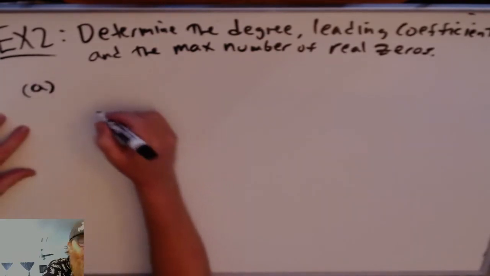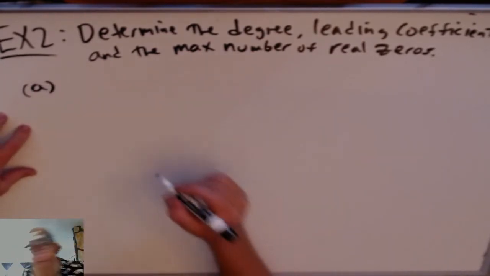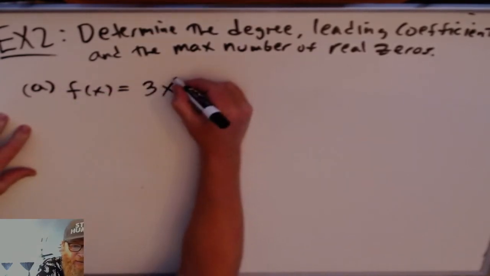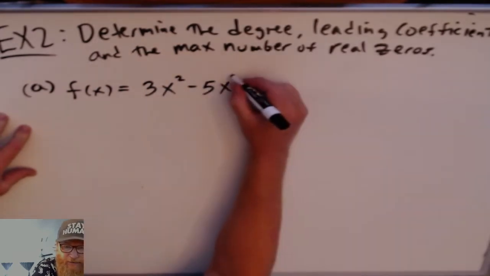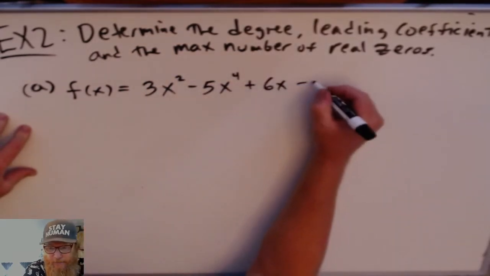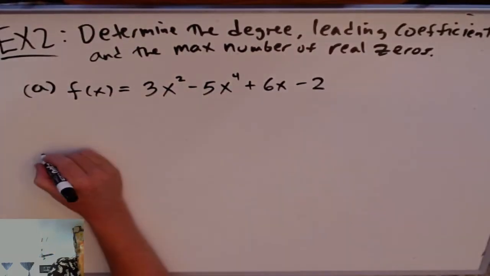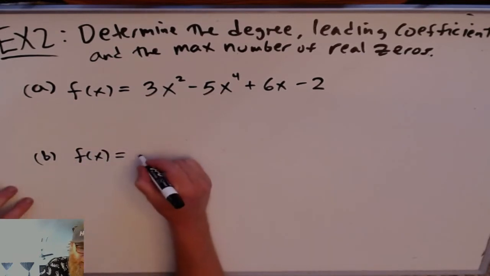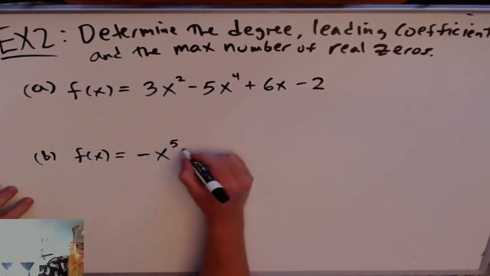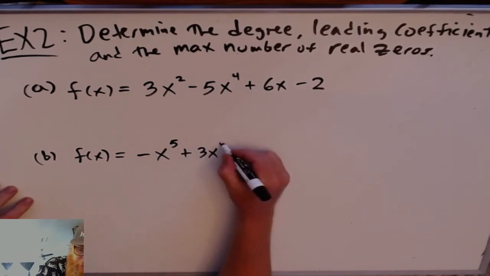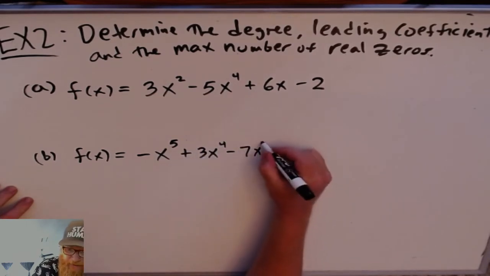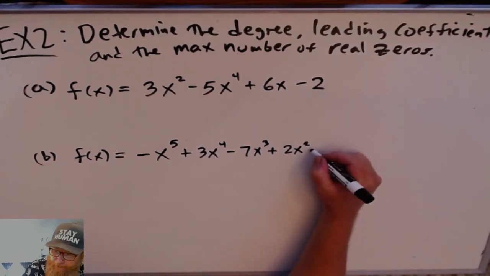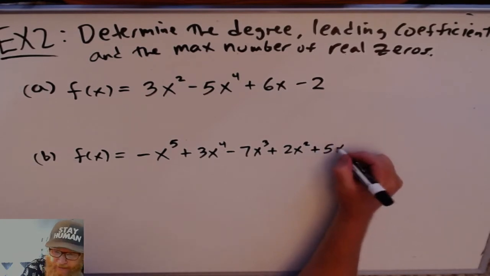So we'll do A. Say f of x is 3x squared minus 5x to the 4th plus 6x minus 2. B, I guess they can all be called f. There's nothing wrong with that. Negative x to the 5th plus 3x to the 4th minus 7x cubed plus 2x squared plus 5x.